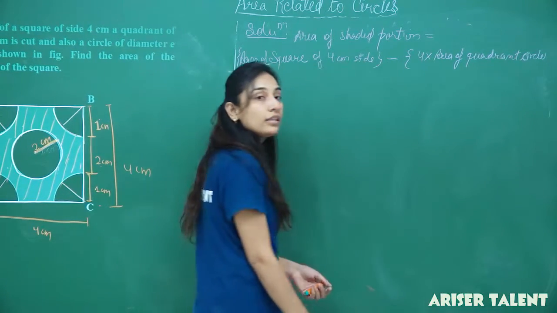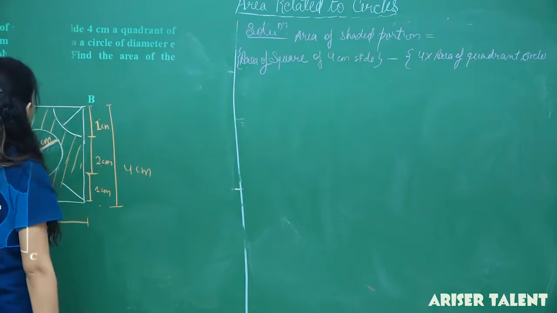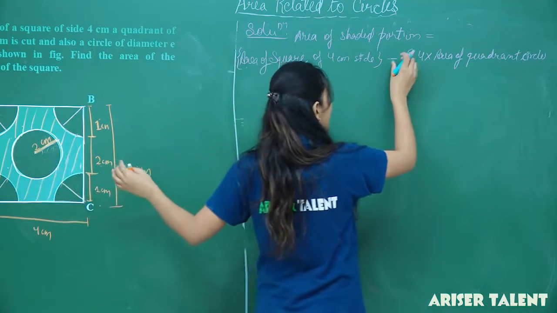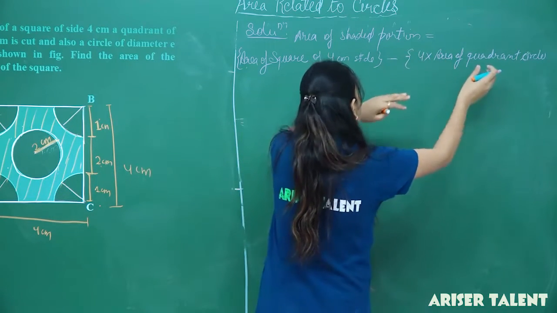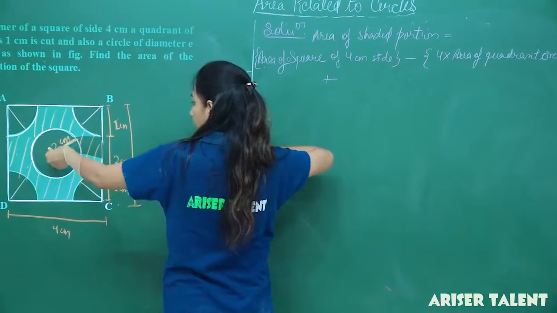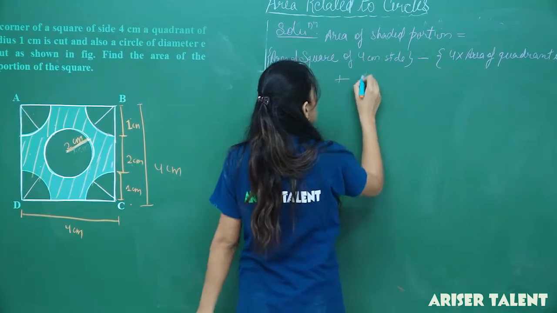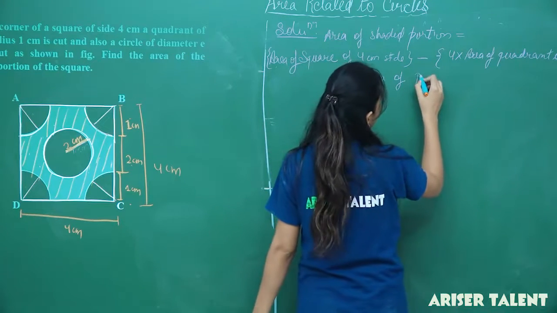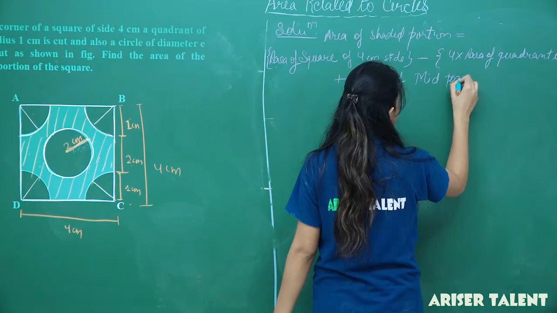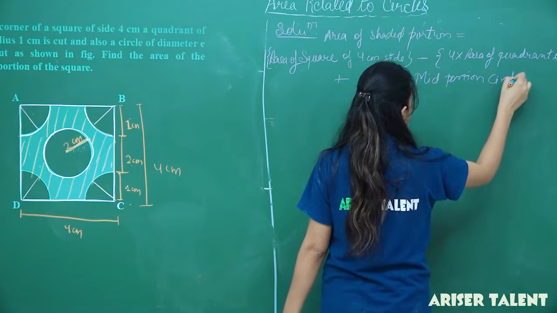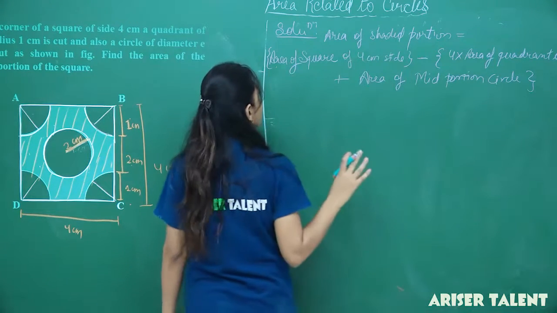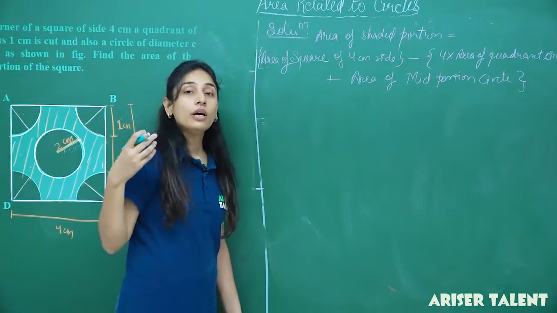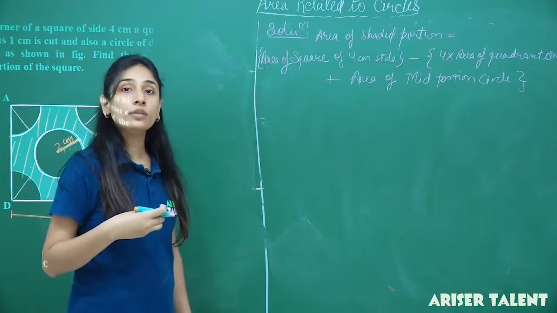Then the next thing is, we are subtracting these 4 areas and this area, the area of the mid portion circle. So, now we have the area of a square formula, the area of a quadrant of a circle formula, and the area of a circle formula.